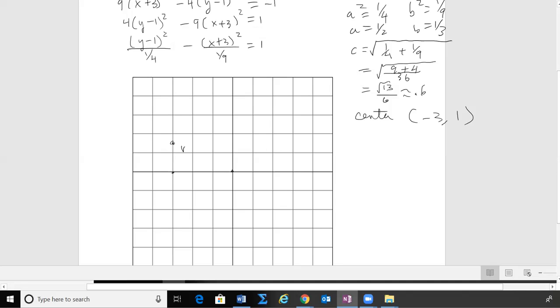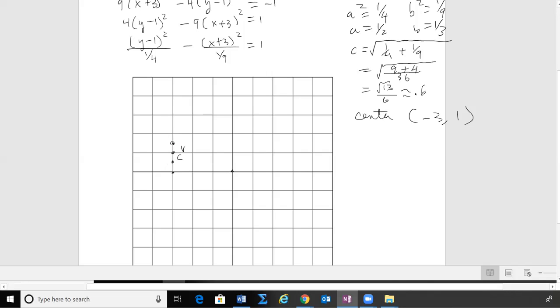Oops, lost my center. And then you're going to come down a half, so put you there. Okay? And so let's get a little bit messy there, but okay.